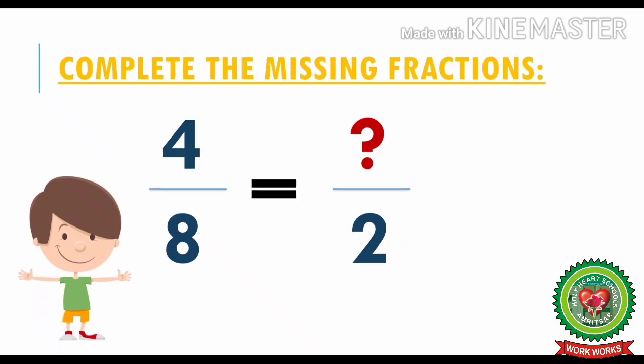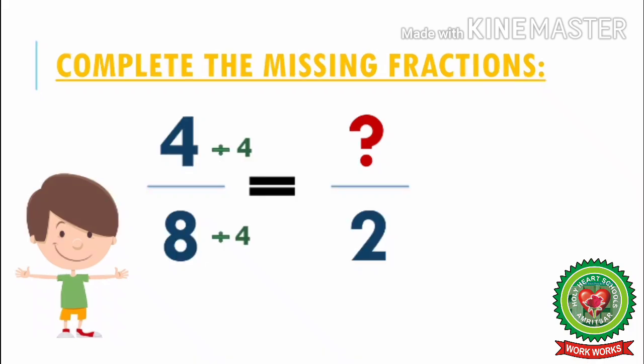Let us take one more example. 4 upon 8 is equal to dash upon 2. In this, we have to see how much we divide 8 by to get 2. 8 divided by 4 is equal to 2.